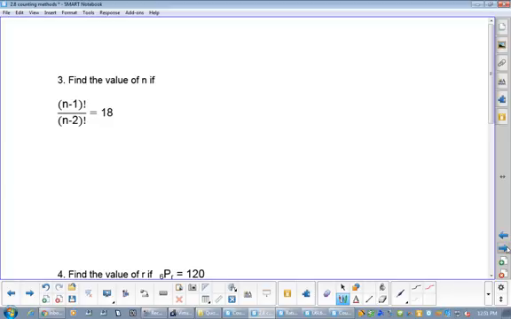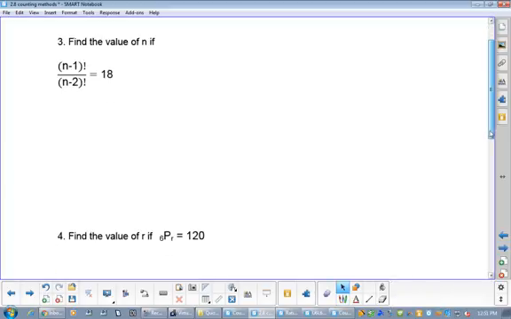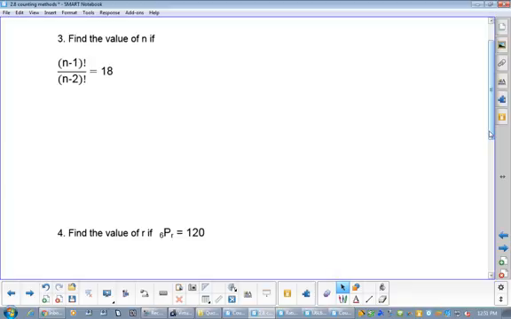Now, which one of these should I be counting down, the top or the bottom? Yeah, we always count down, right? 9 factorial is the same thing as 9 times 8 factorial, right? So if I'm always subtracting 1, and if I was to subtract 1 again, that'd be 9 times 8 times 7 factorial.